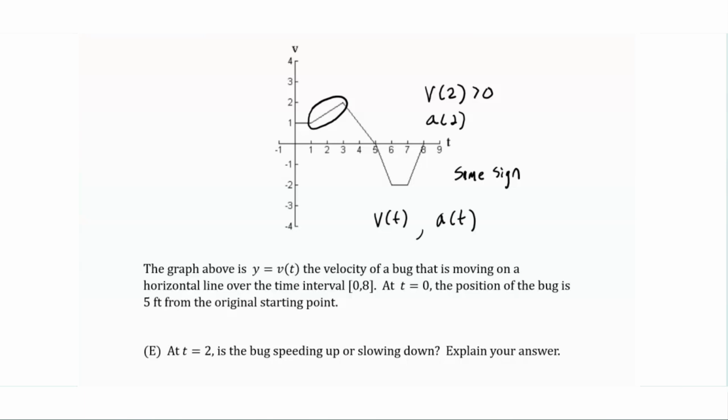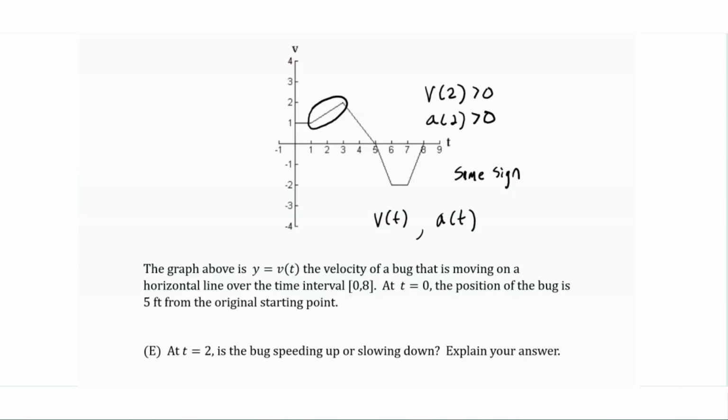From 1 to 3, we have a line segment. If we took the derivative of that, which would be the acceleration, I can see that this line is moving up from left to right, so my derivative would have to be positive. That means my acceleration at 2 would have to be greater than 0.